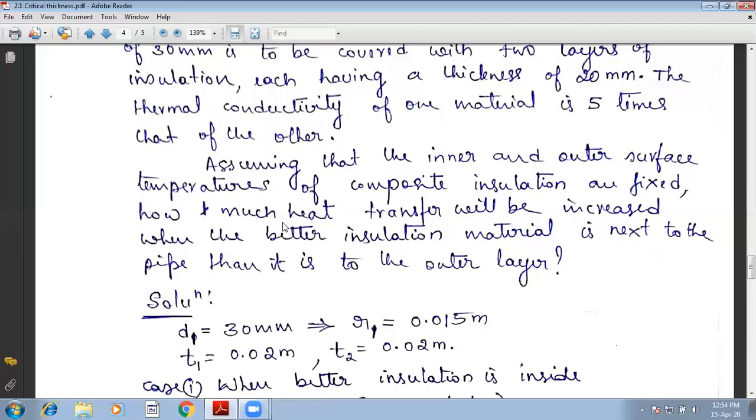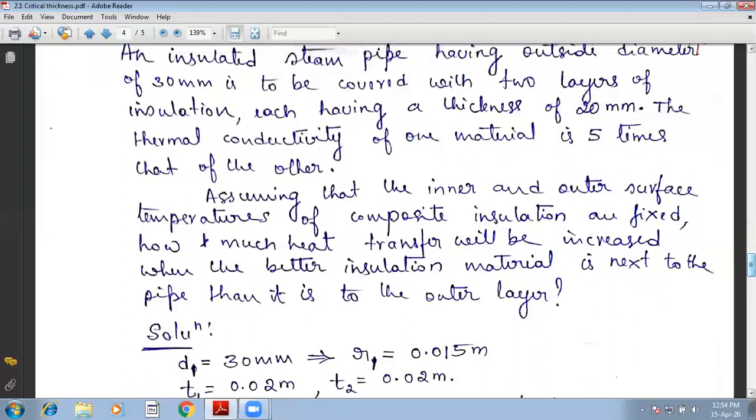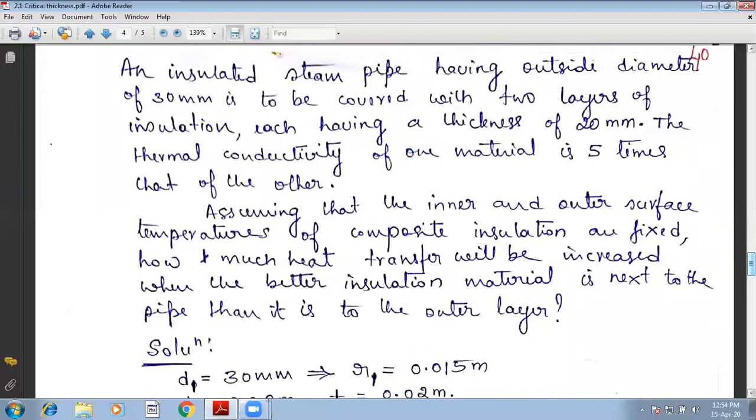First, we will understand the problem. In this problem, it is given that you have a steam pipe. Its outer diameter is 30 mm. It is insulated with two materials. The thickness of both the materials is 20 mm.